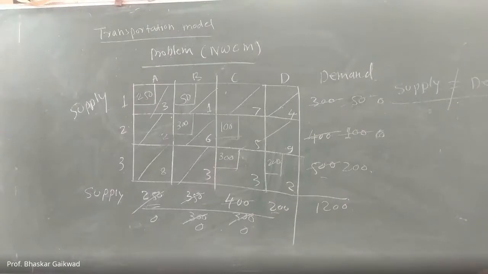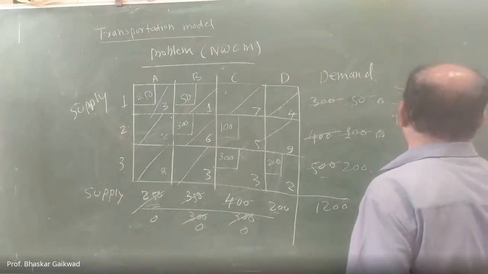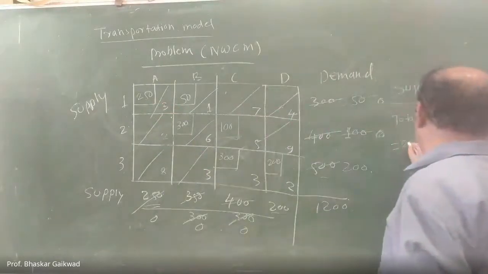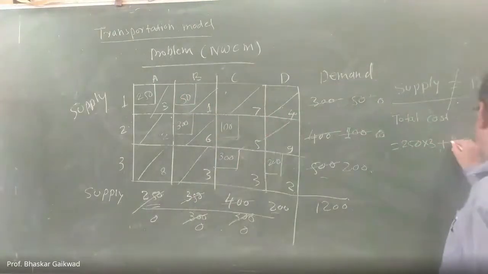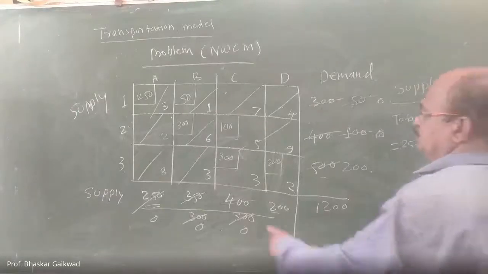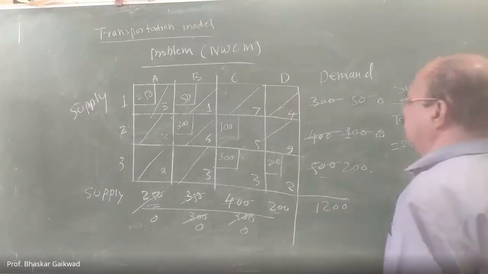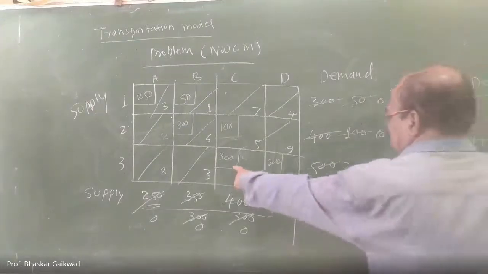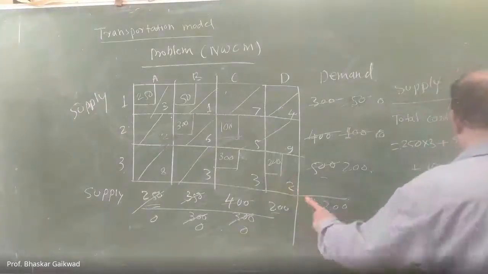Now, what is the total cost? We can calculate it. See on the blackboard. Total cost is equal to 250 into 3, plus 50 into 1, plus 300 into 6, plus 100 into 5, plus 300 into 3, plus 200 into 2.